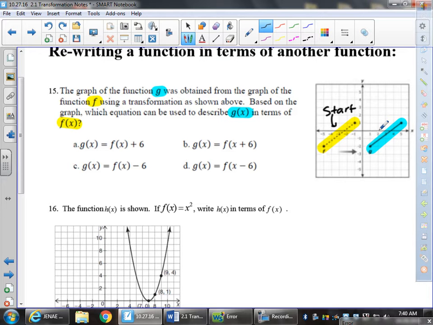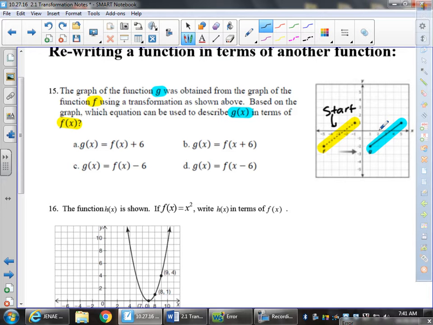But if this started as an increasing graph on the left side of the y-axis, if it was reflected, what would it look like? Decreasing. Now, we don't see that kind of change with a parabola, right? Because if you were to make a U with your hands and you flip a U over, what is it still the shape of? It's still a U. So that's why this wouldn't necessarily be a reflection, but good thinking because of the location.